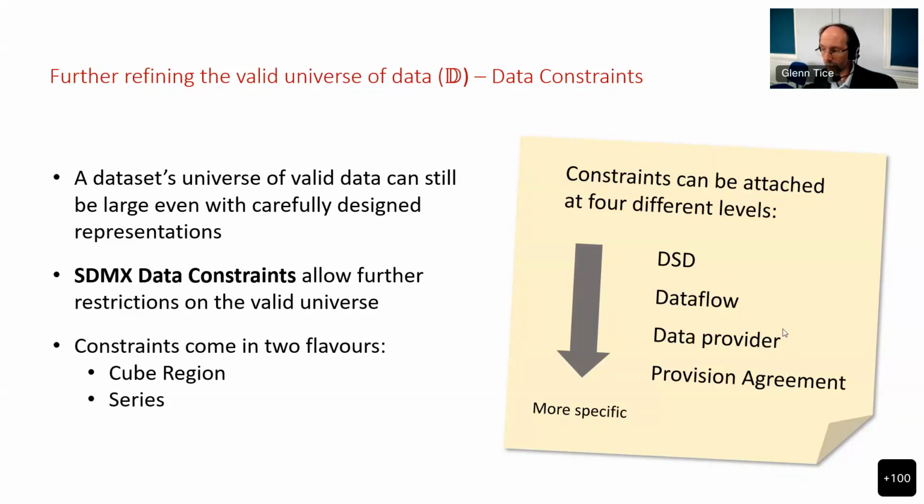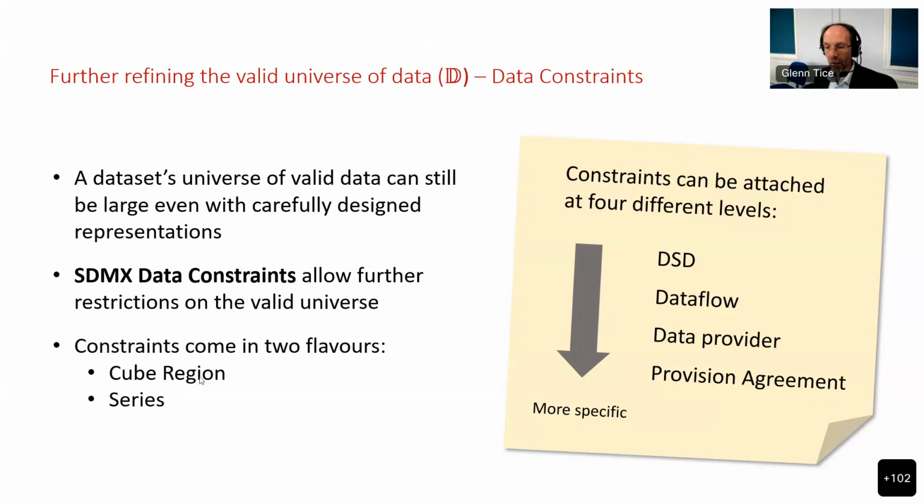Well, you can do that, or even the most specific, you can attach a constraint to a specific provision agreement. In that case, you might define the constraints such that only particular values, perhaps particular frequencies or topics or indicators, or reference areas can be reported by a particular data provider for a particular data flow, and you do that by attaching it at the provision agreement level.